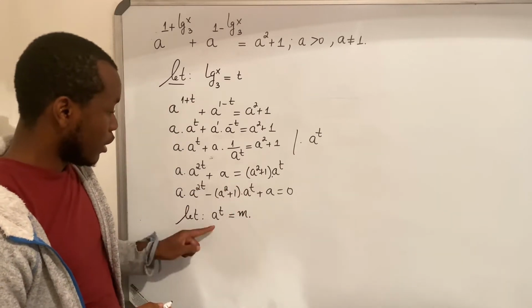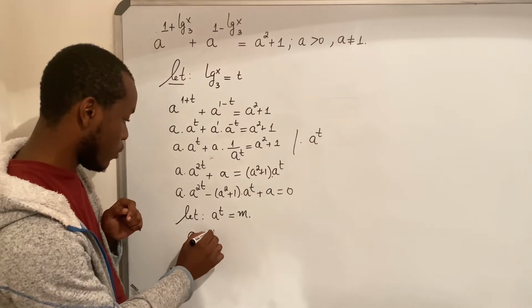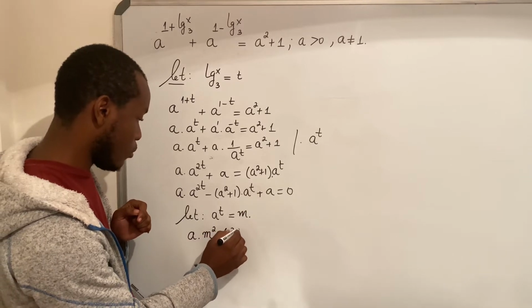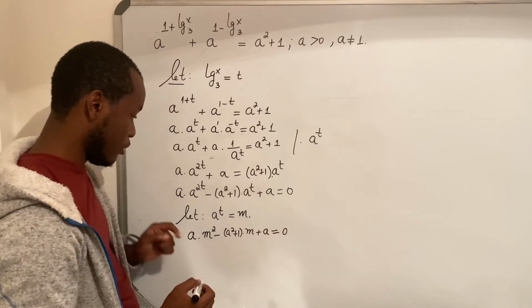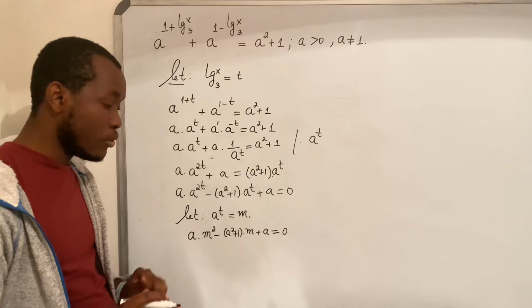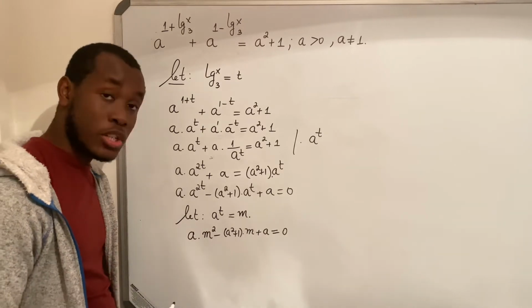We let in the beginning and we let in again. So we're going to have a times m squared minus a squared plus 1 times m plus a equals 0. This is a quadratic equation. M is the variable, a is a constant. So we can apply the quadratic formula.